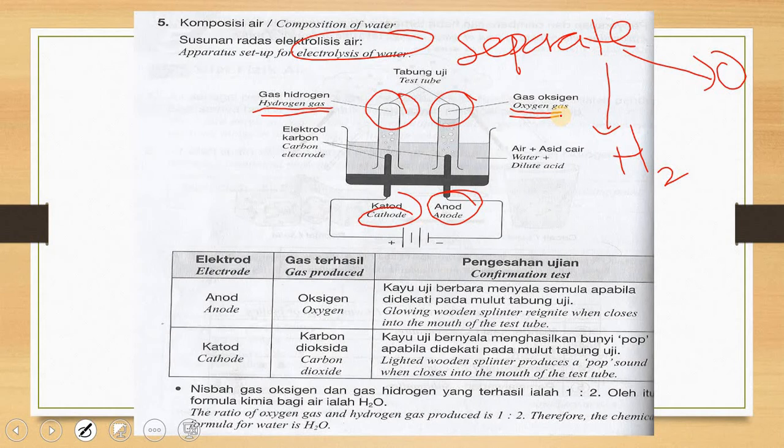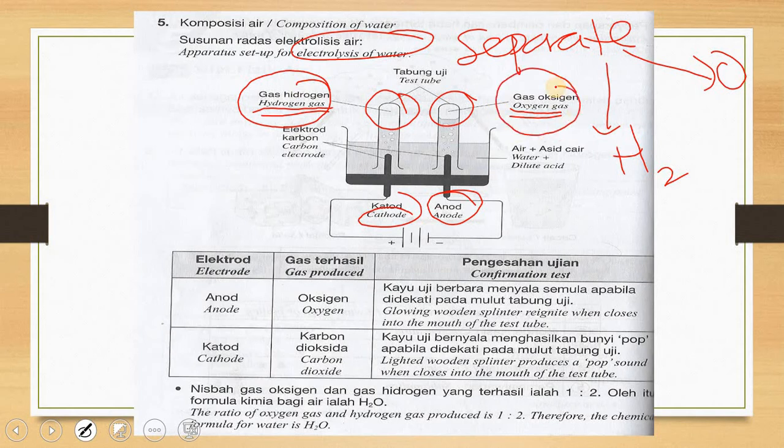They will give you this picture, then they will ask you what's the aim of the experiment, or what kind of gas you would get from electrolysis of water, or how do you identify the presence of hydrogen, and how do you identify the presence of oxygen.